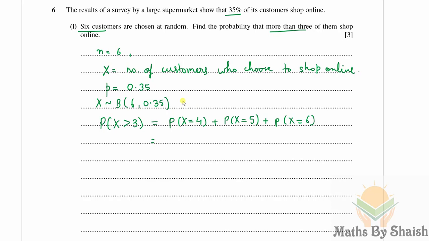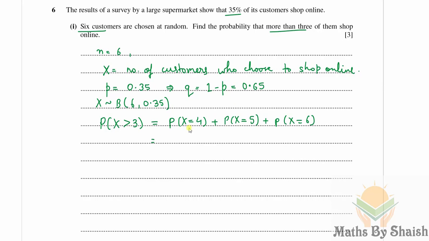In the binomial, the probability of x is equal to r is nCr, success probability to the power r, and failure probability to the power n minus r. If p is this, then the probability that a customer will not shop online is 1 minus p, that is 0.65.